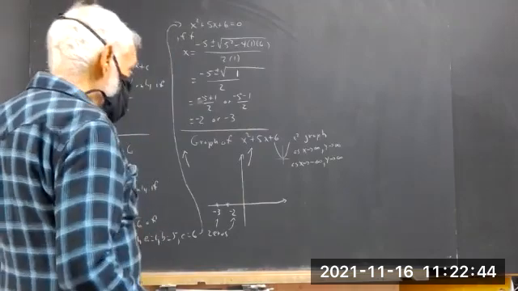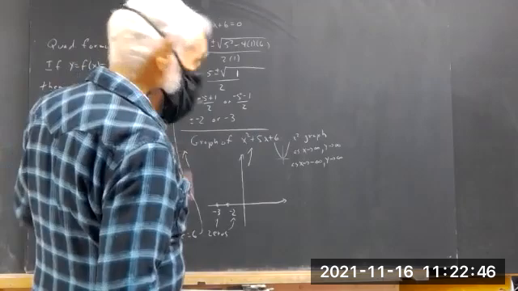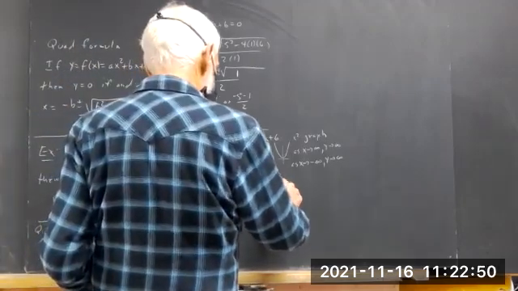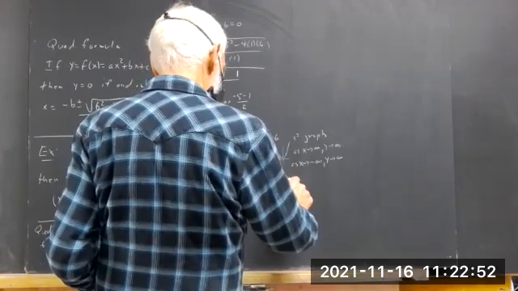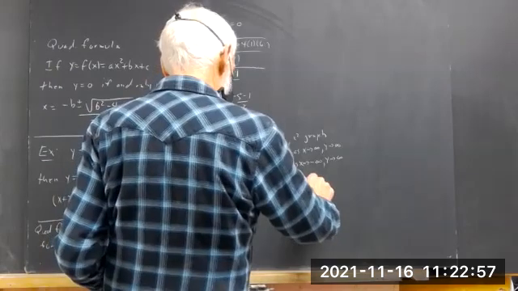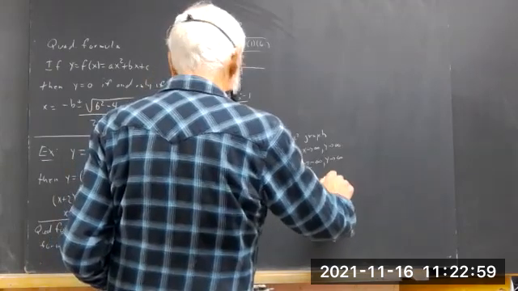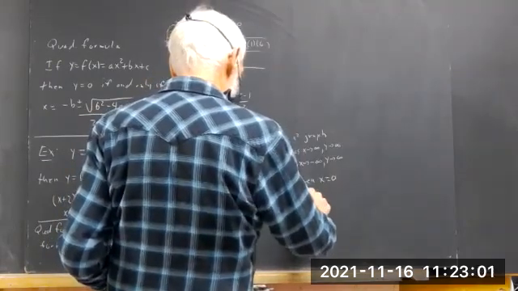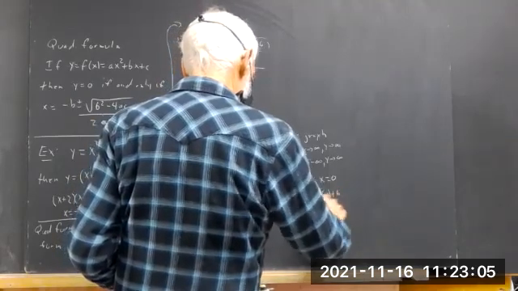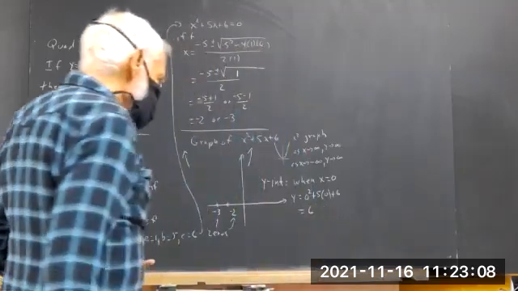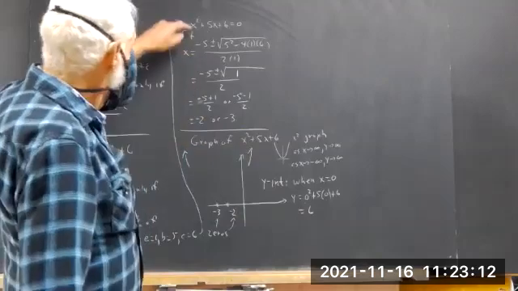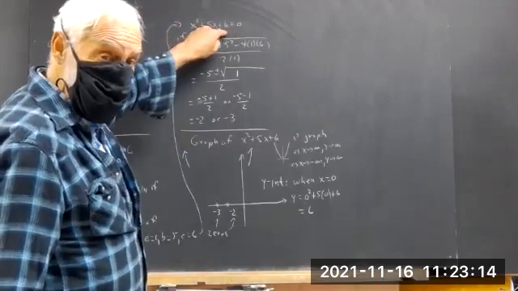Okay, the y-intercept occurs when x equals 0, so you plug in 0 for x, and that leaves you with 6.